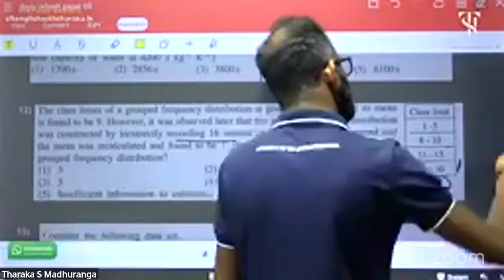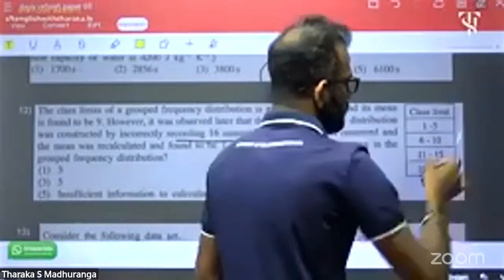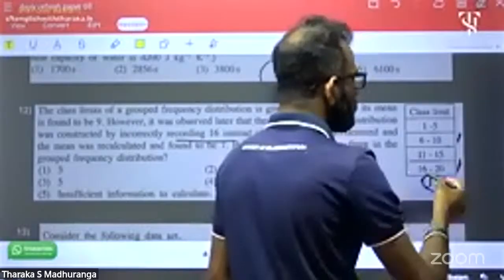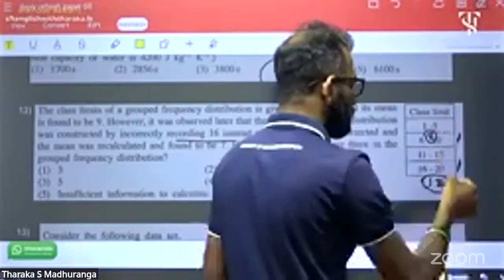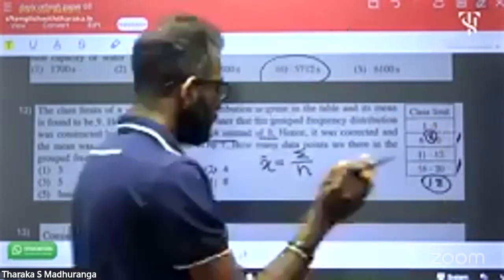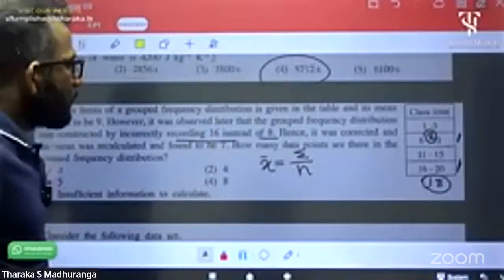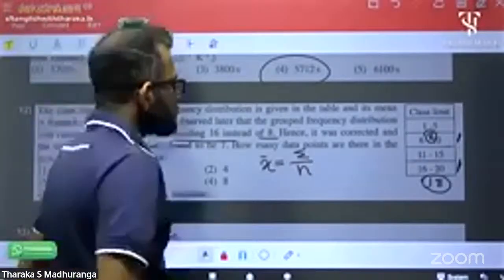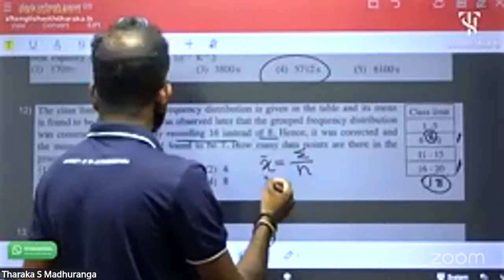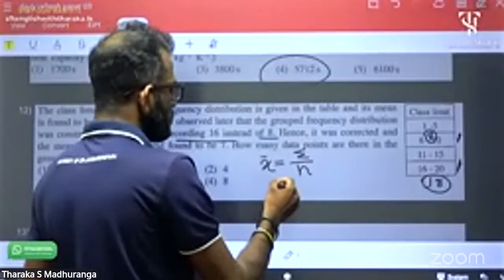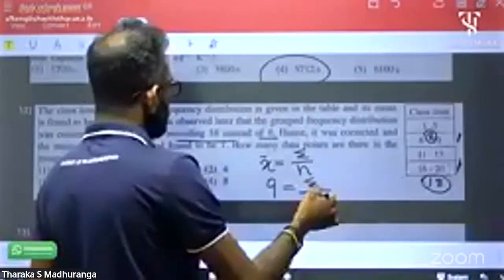Okay, now the new value is added to which group? 8. 8 is added into this one. Then how about the difference? 10. The middle value becomes 8, so the difference is 10. We subtract 10. Initially the mean is 9, sigma over the number of data, which we don't know.